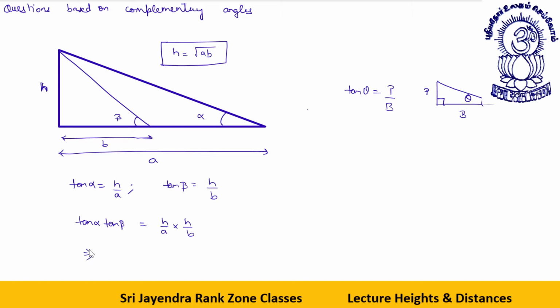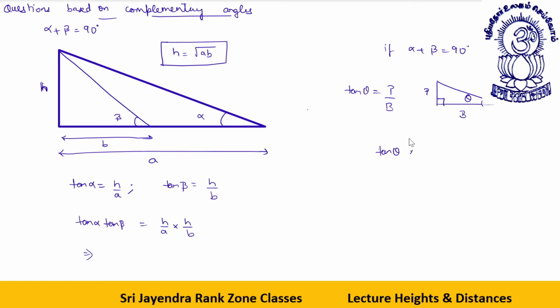Let me write it: if alpha plus beta is equal to 90 degree, this is a question based on complementary angles. If these angles are complementary, then h is equal to under root ab. This is what I have told you.